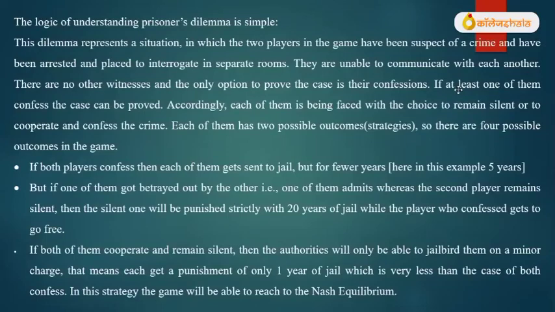That means the punishment for both will be only 1 year in jail, which is a very small punishment. So this strategy is the Nash equilibrium, where they can reach the optimum strategy, where they both cooperate with each other by remaining silent and not confessing the crime.